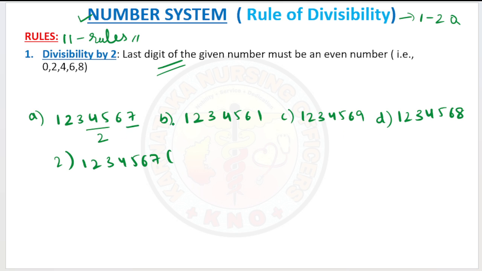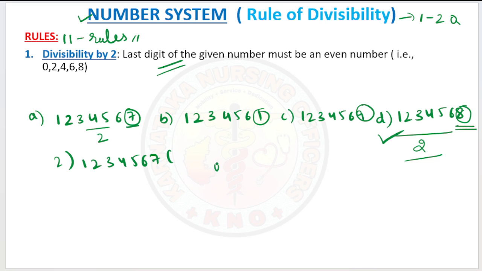You have to look for the last digit of the number. If the last digit of the number is an even number, then only you can say that the number is divisible by 2. Here option A, option B, option C have the last digits as 7, 1, 9.